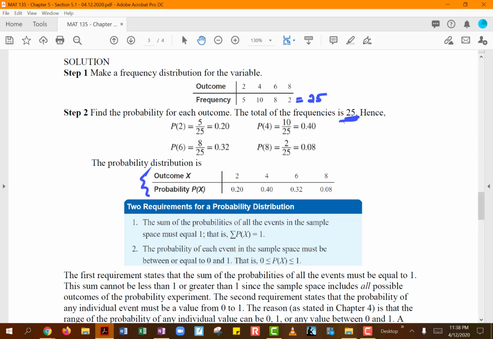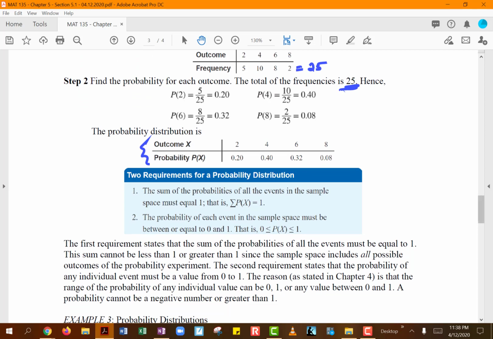That's outcome X on the top: 2 batteries per pack, 4, 6, and 8. Using the frequencies we just calculated, for 2 it's 0.20. For 4 it's 0.40. For the 6 pack, it's 0.32. And for the 8 pack, it's 0.08.